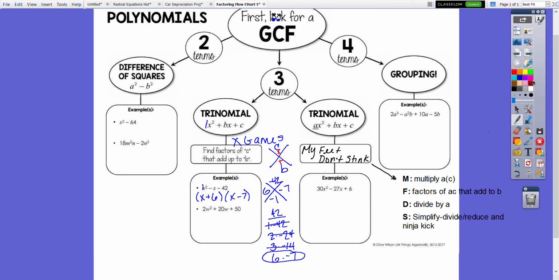Now, let's do the next one. 2w squared plus 20w plus 50. So the first thing we do is look for a GCF. Do I have one? Yes. So I'm going to factor out the 2, which means I'm left with w squared plus 10w plus 25. Now, I don't do anything with that 2 right now. It means nothing to me until the very end.